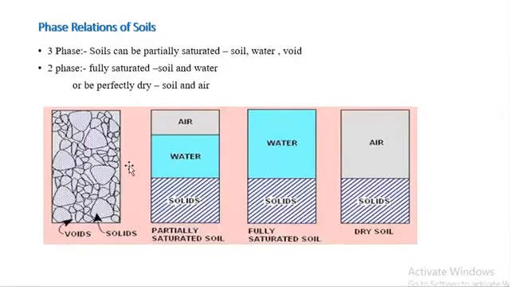So if the void is partially saturated, meaning there will be water and air, it will be a three phase system: soil, water and air. For a two phase system, if the void is completely filled by water, then there will be two phases, water and solid. If the soil is completely dry, then the void will be filled with air, then it will be a two phase system, air and solid.